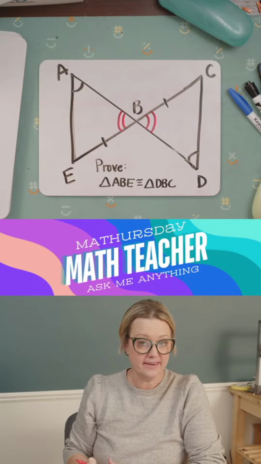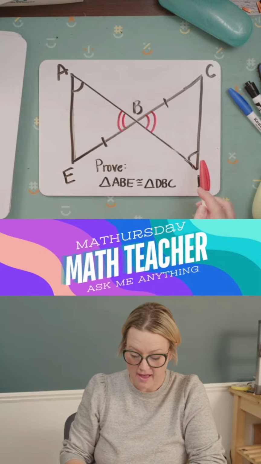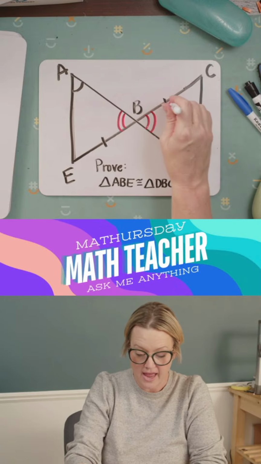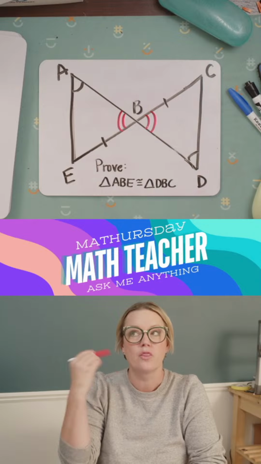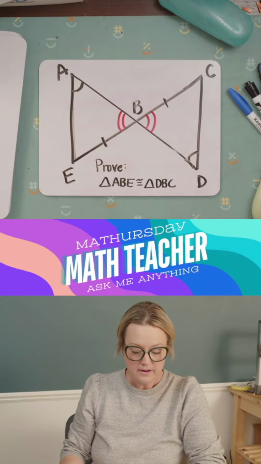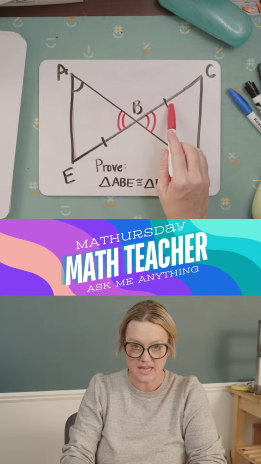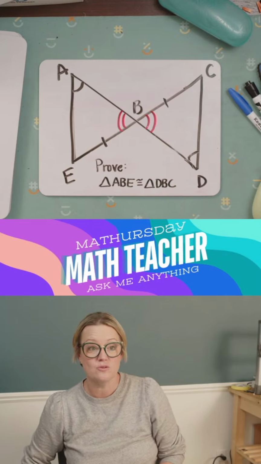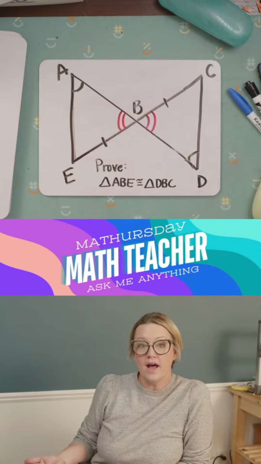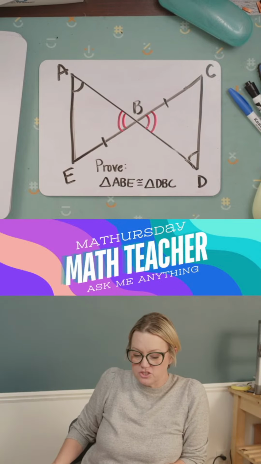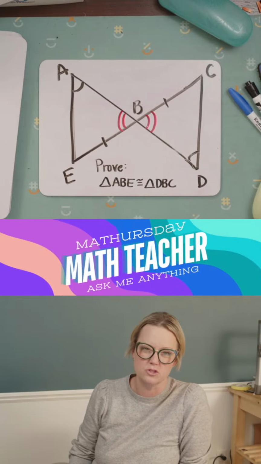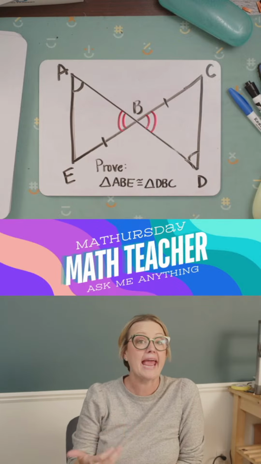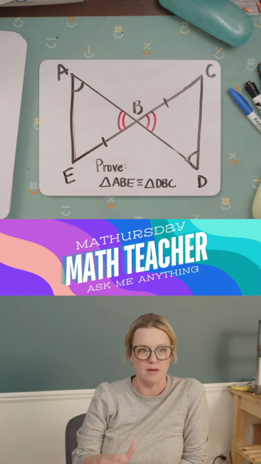Once I have that, now I have an angle and a side, and if an angle and side are congruent, the 2 triangles are congruent. So I can use angle, side here. It's a question of using what you're given to figure out how you're going to prove that those 2 triangles are congruent. What do I know? What can I figure out? And how is that going to get me to my proof?